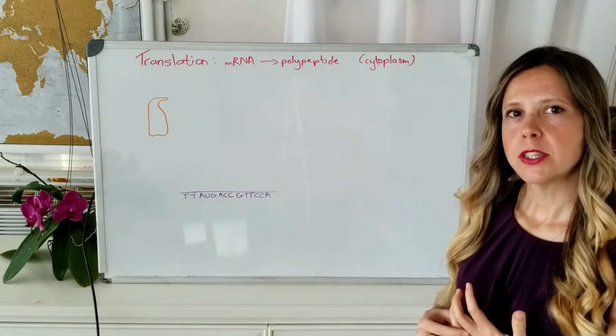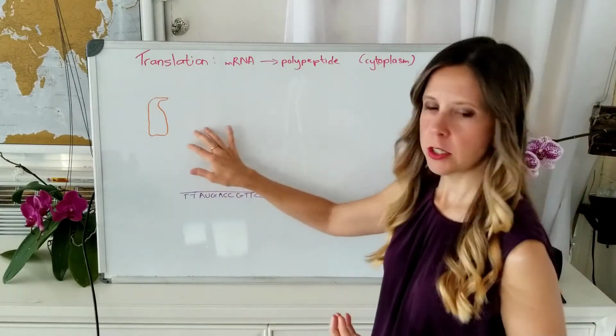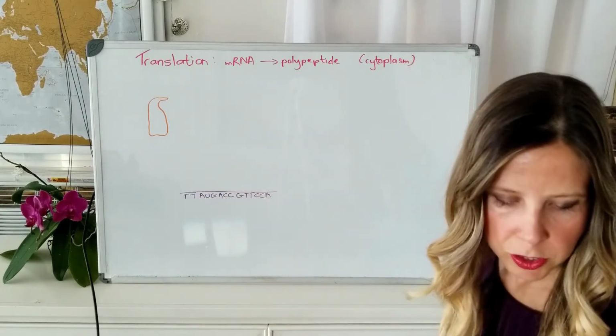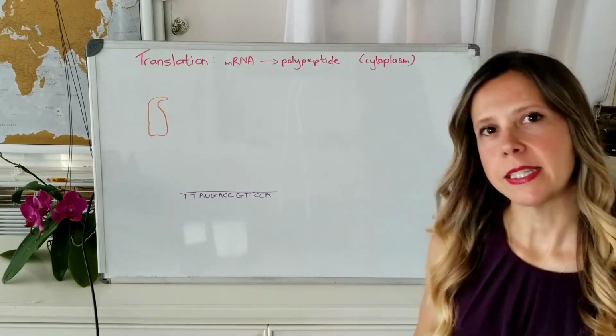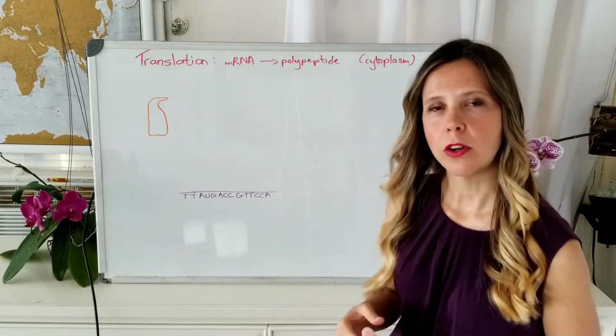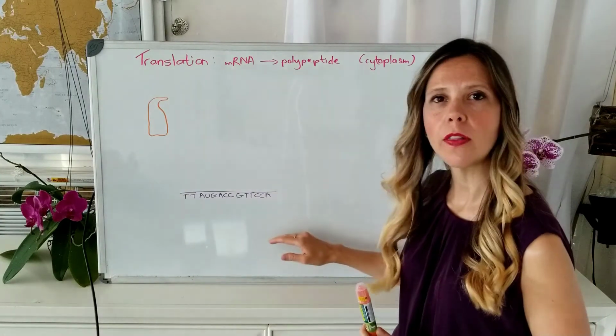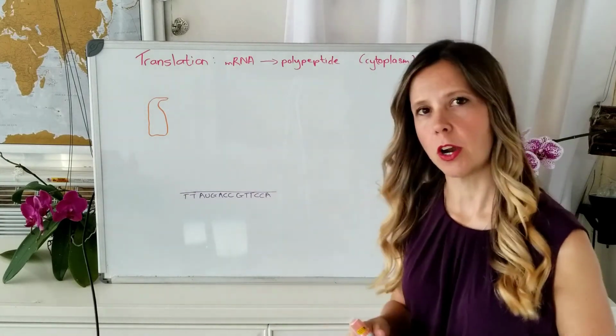In order for translation to occur, we need the help of transfer RNA. Now, transfer RNA has what we call an anticodon, and that anticodon is going to recognize the codon that we find on the messenger RNA.